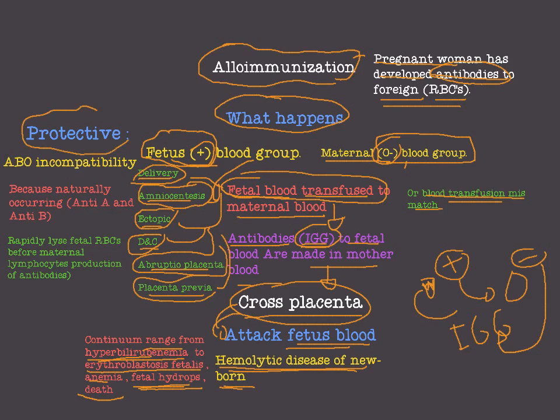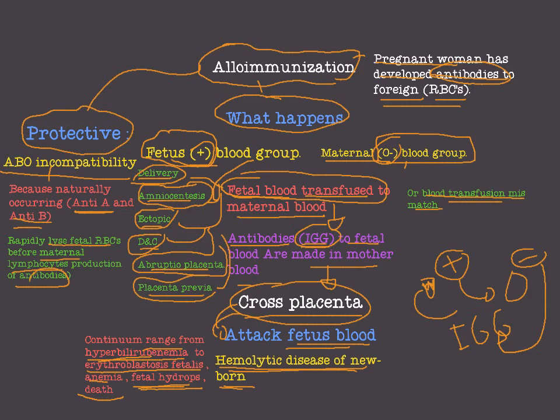I just want to tell you that sometimes we have protective factors against this isoimmunization, like ABO incompatibility, because the naturally occurring anti-A and anti-B antibodies will rapidly lyse fetal RBCs. So when fetal RBCs move to the maternal blood, these anti-A and anti-B will rapidly lyse them before the maternal lymphocytes produce the antibodies.